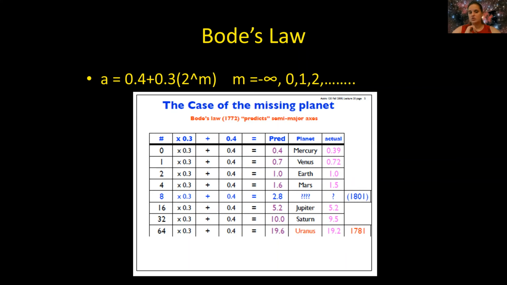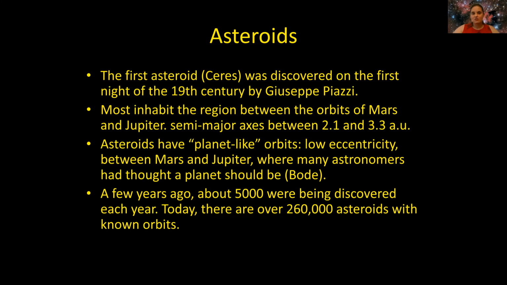And then he was trying to figure out, okay, given my formula, there should be something here at roughly 2.8 astronomical units away from the sun. But there's nothing there. What could it be? Well, it was roughly in 1801 when we discovered the big asteroid known as Ceres, which is now considered a dwarf planet.